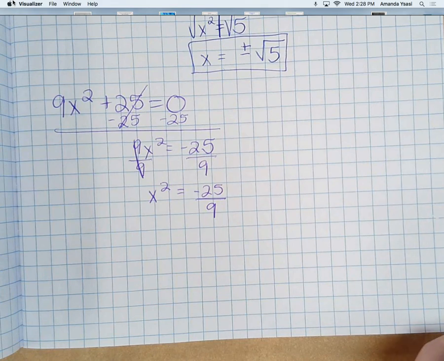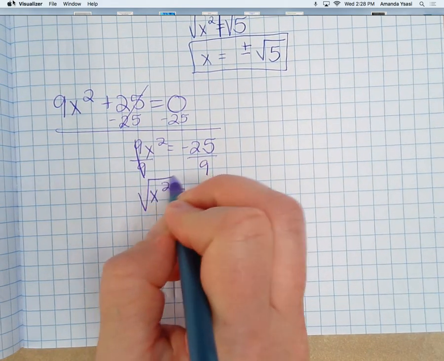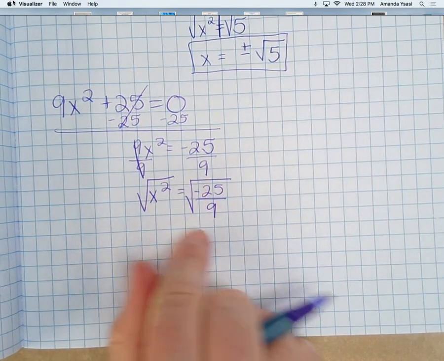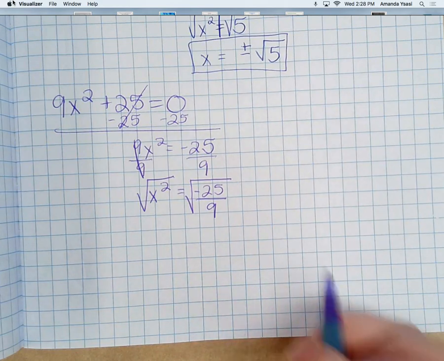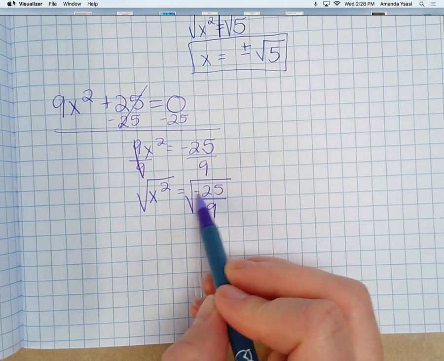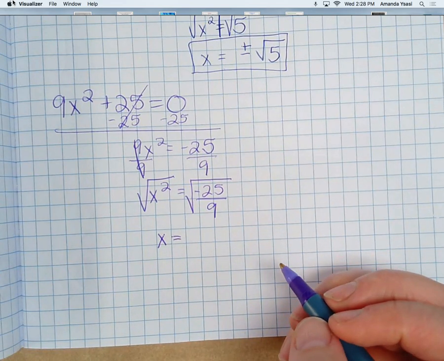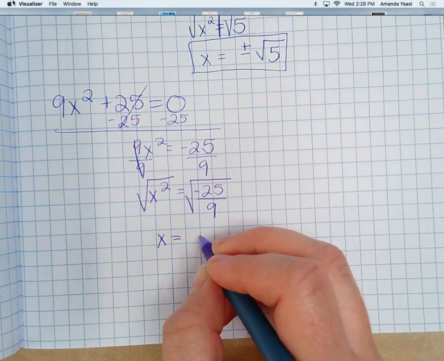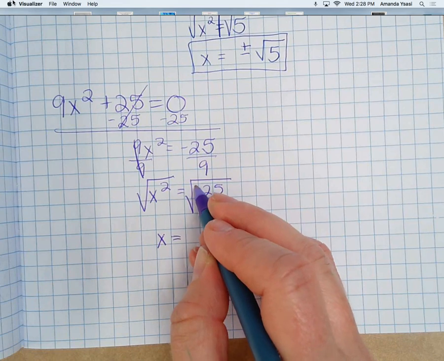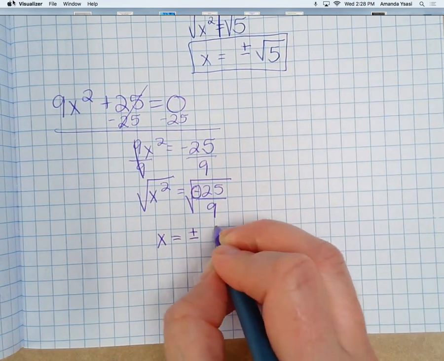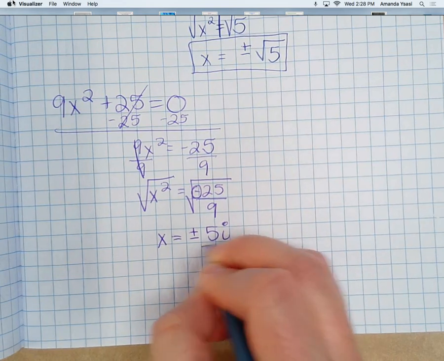Then I need to get rid of the squared. So I take the square root. But what is our solution going to be? Imaginary. So plus or minus 5i over 3.